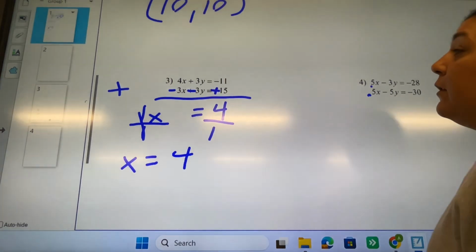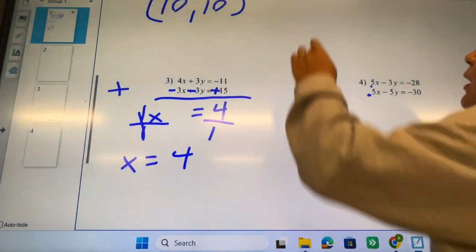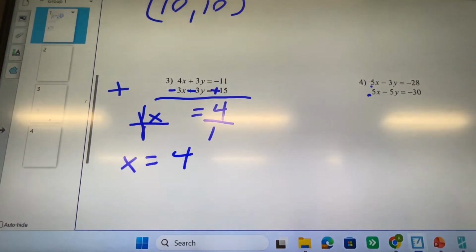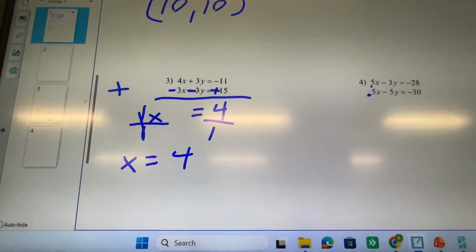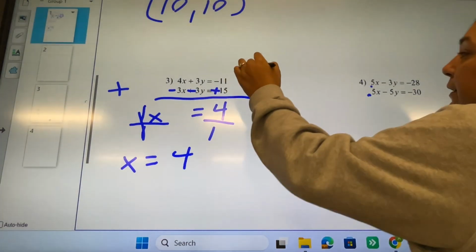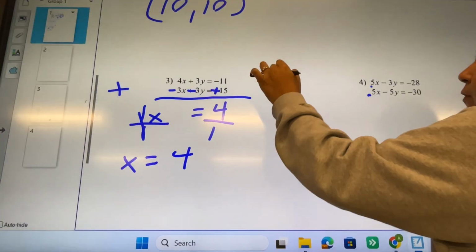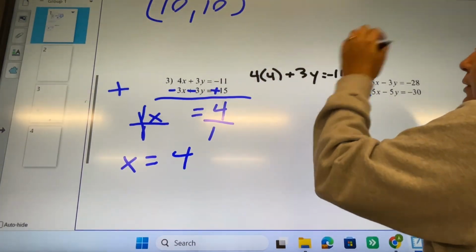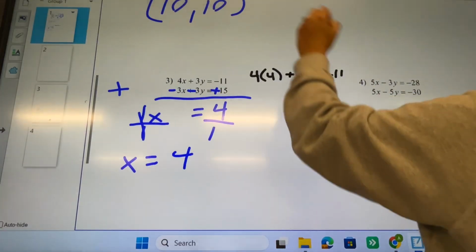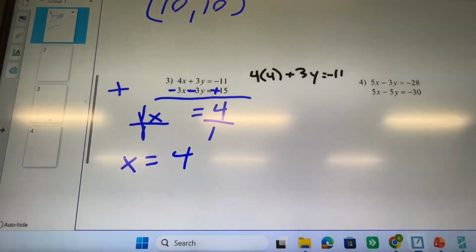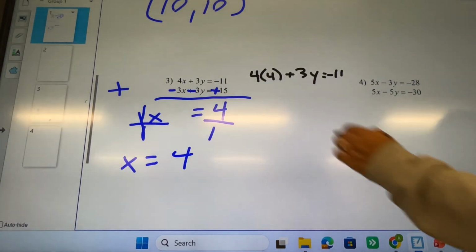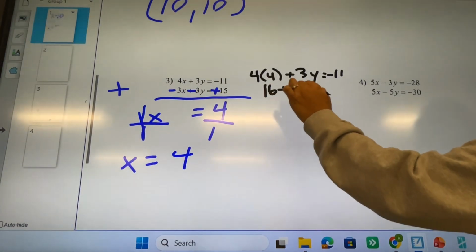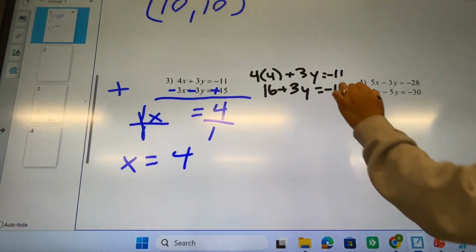So the first one is going to look like 4x minus 3y. Okay, and instead, what are we plugging in? A 4, the 4 for the x. So it's going to look like 4 parenthesis 4 plus 3y equals negative 11. Okay, 4 times 4, 16, plus 3y equals negative 11.